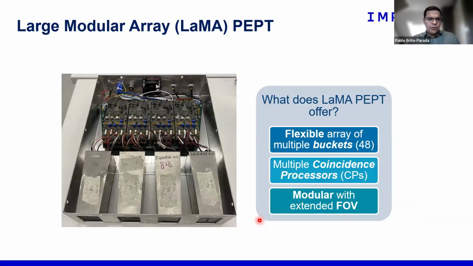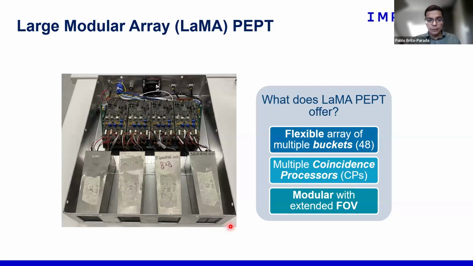Just to show a bit more information, these are some of the buckets in the large modular array, or LMA. There is a high number of them. We have 48 buckets that we can position wherever we want. In this case, at each side of the machine, and then following the angle of the lamella plates as well. So it's modular.